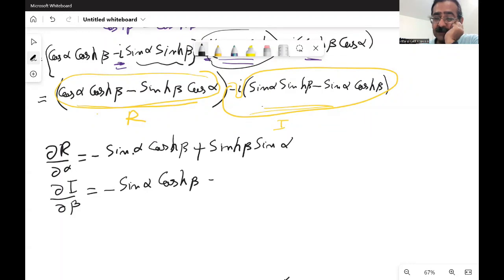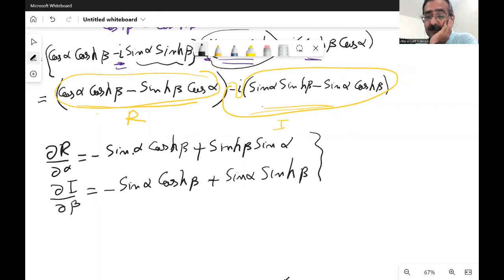And plus, because minus is multiplying with minus, plus sine alpha, because we are not taking the derivative with respect to alpha. Derivative of cos hyperbolic is sine hyperbolic beta. So C1 is satisfied.